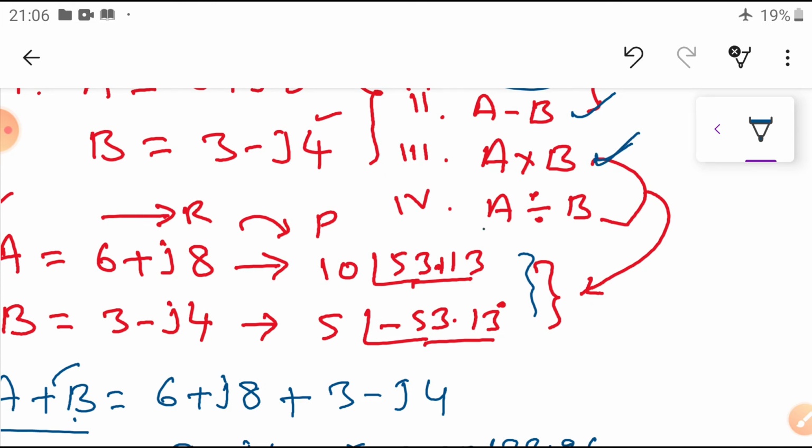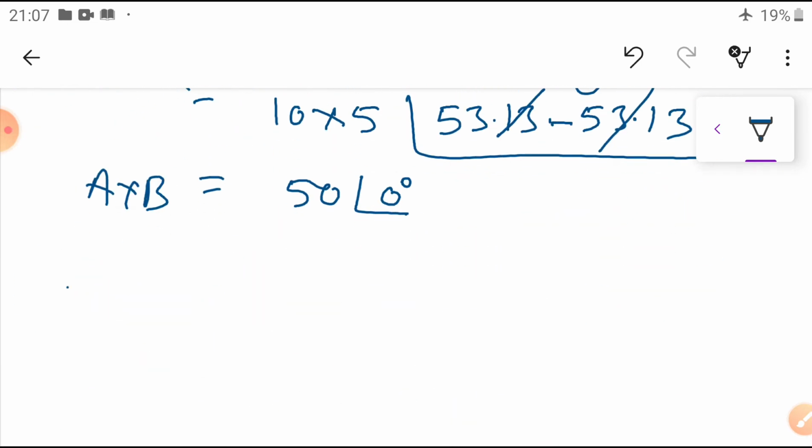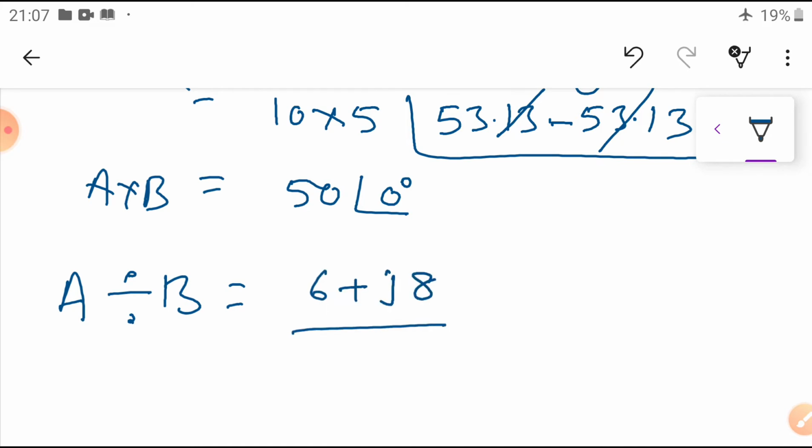Now, finally, I am going to A by B. How are we going to do it? A is equal to 6 plus j8 divided by 3 minus j4.